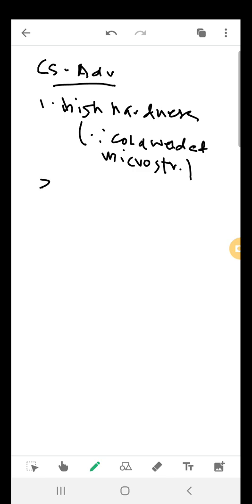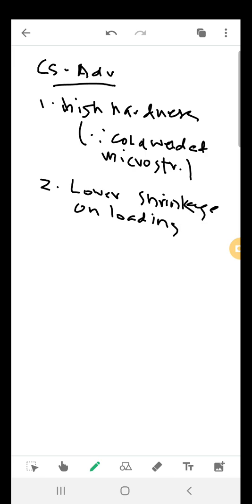It usually has a lower shrinkage on loading. It can have high strain on impact.